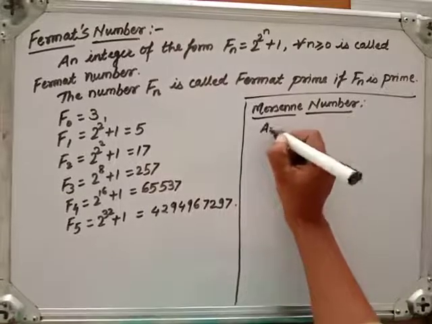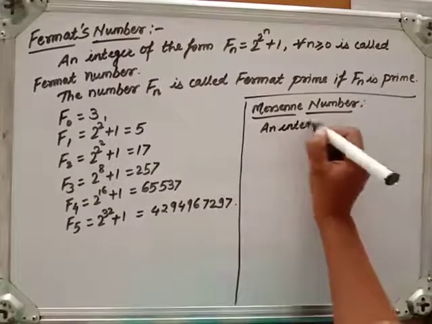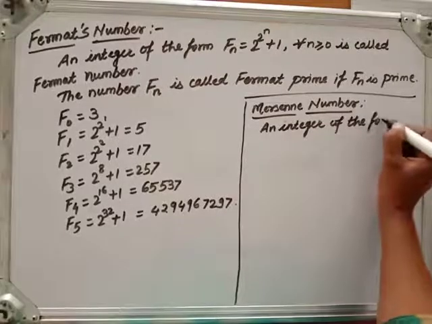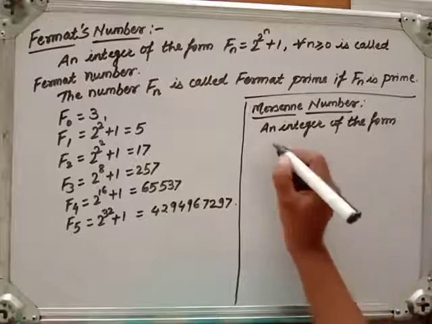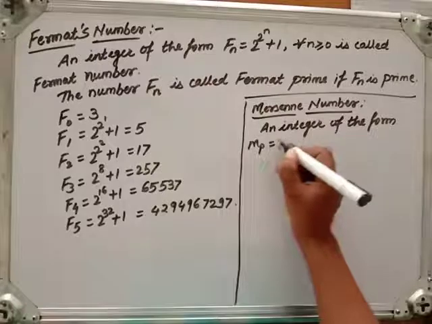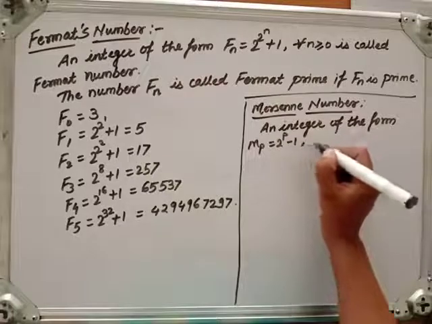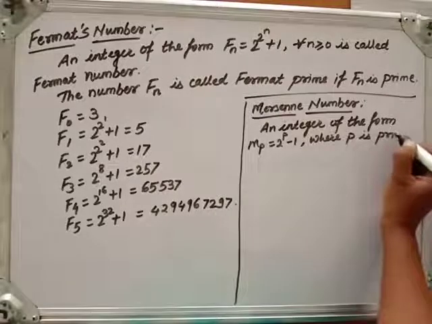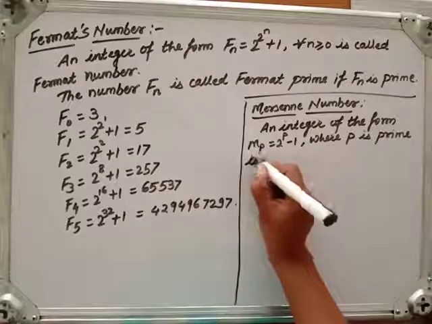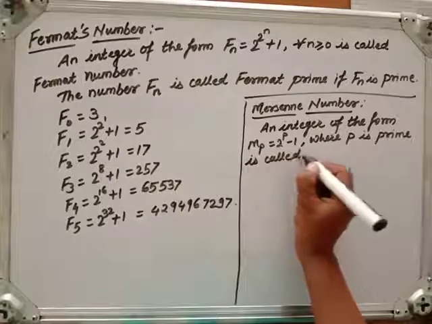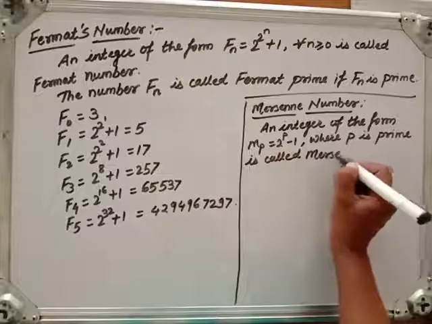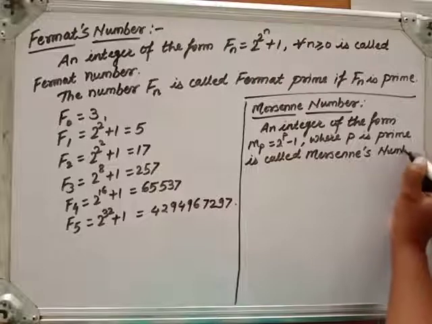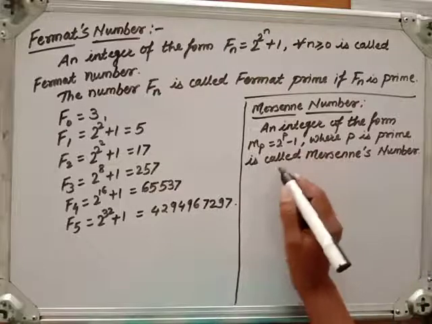An integer of the form Mp is equal to 2 raised to p minus 1, where p is prime, is called a Mersenne number.